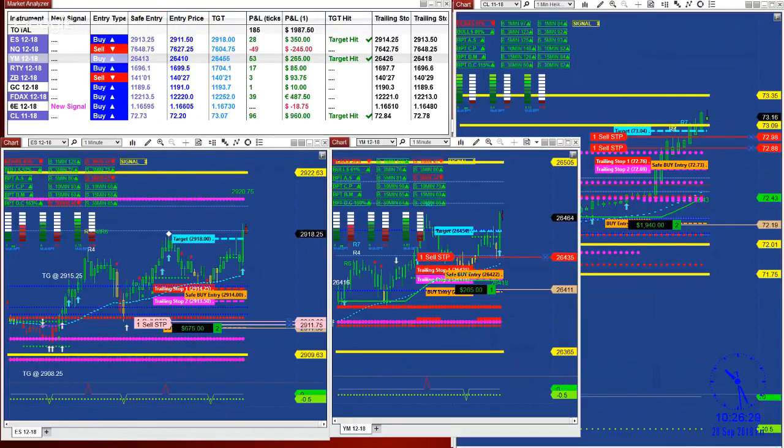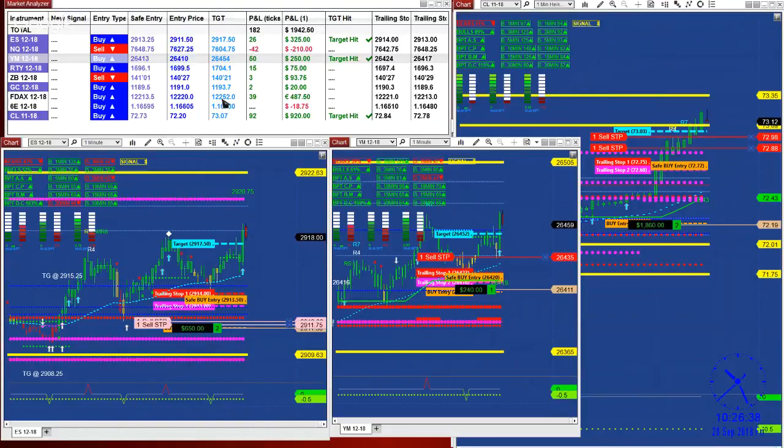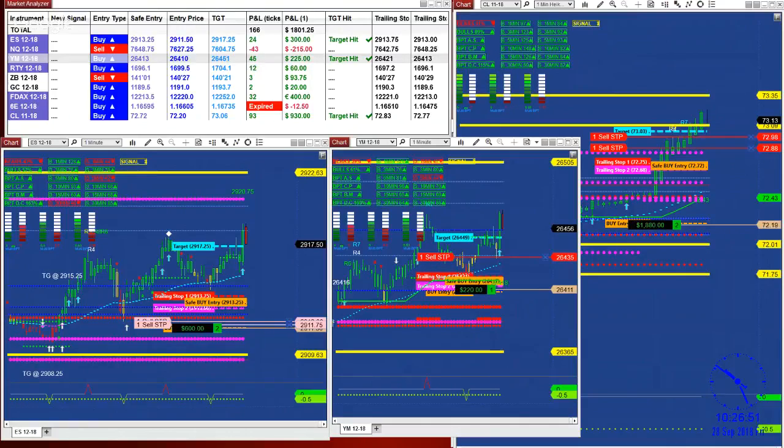Actually, we have a new signal on the 6E, entry 6605, target 6730. The Nasdaq is not moving, Mr. Yes, sir. It's not moving. There is something wrong with the Nasdaq.